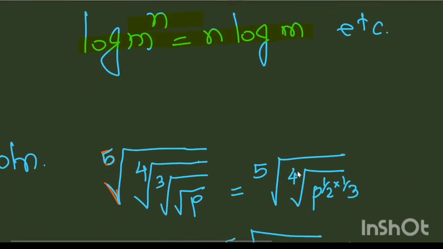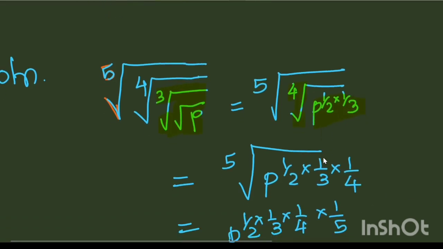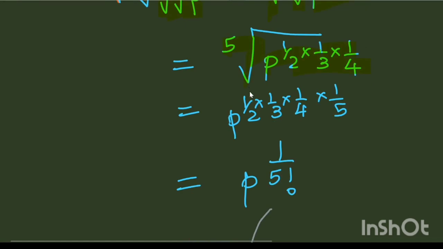So guys, in the same way, we calculated in the hint the cube root of the square root of p, which came out to be p to the power half into 1 by 3. Now if we apply the fourth root, it becomes p to the power 1 by 2, 1 by 3, 1 by 4. If the fifth root is applied, it becomes 1 by 2, 3, 4, 5, which we know is 5 factorial.